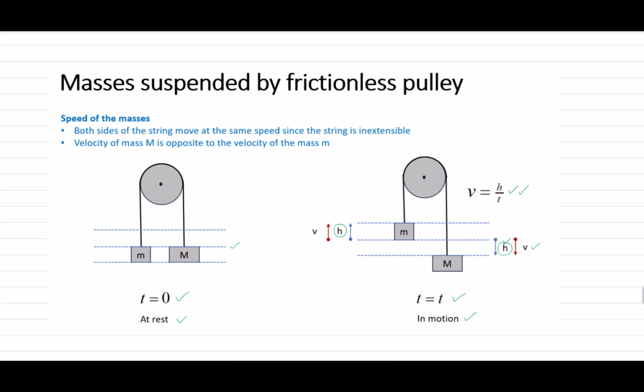It is important to understand that the speed of the two objects will be the same, while the velocity of the bigger object will be pointing vertically downwards. The velocity of the smaller object will be pointing opposite, that means vertically upwards.